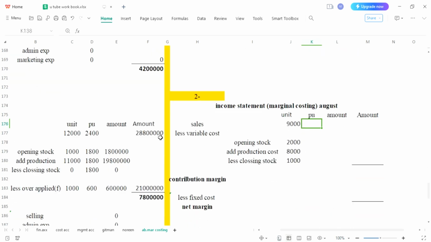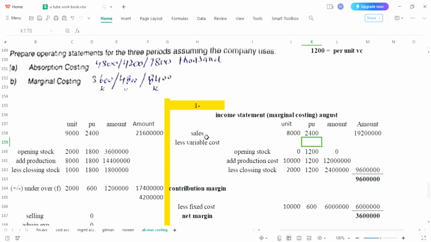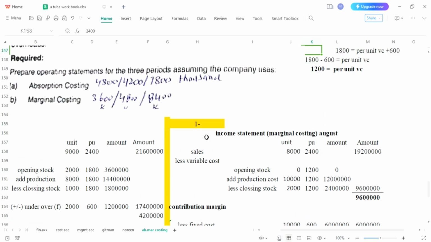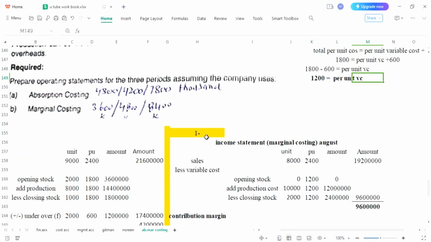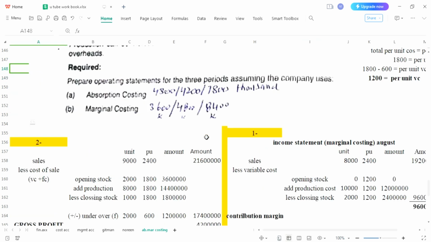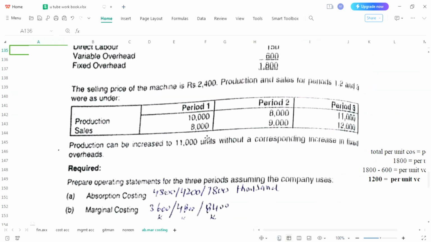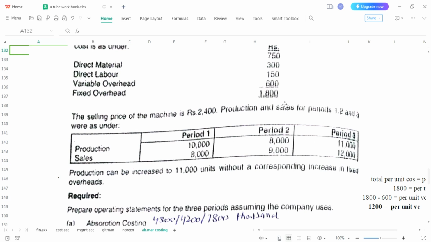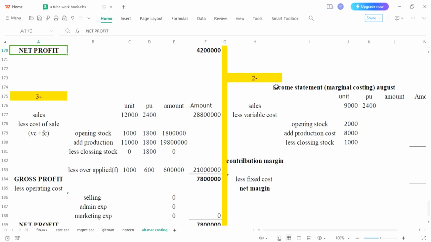Okay, for sale price, we will go to the question, and you can see sale price is mentioned 2400. So you will write 2400 over here. And for per unit cost, this is per unit variable cost only. And in question, here you have seen, you have calculated per unit variable cost, which is 1200. And how did we calculate it? Total per unit cost was 1800, out of which 600 were fixed, and remaining 1200 would be variable cost.